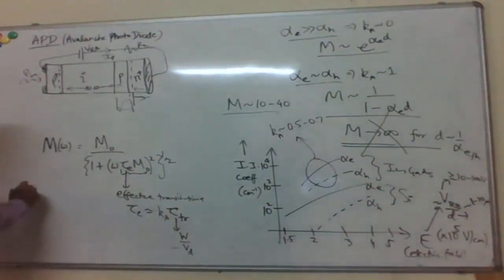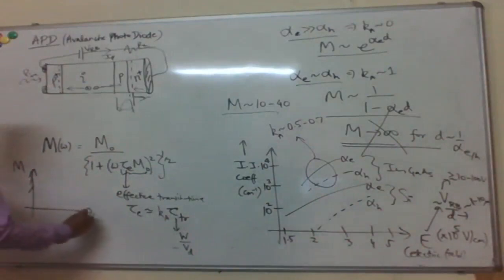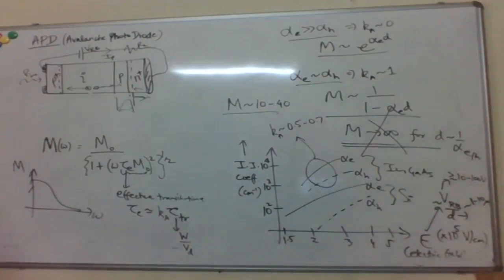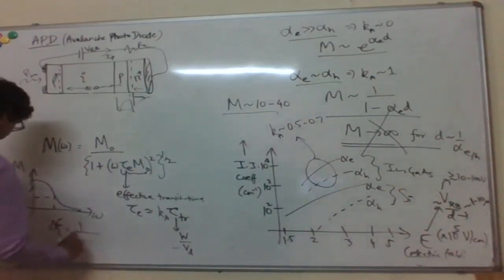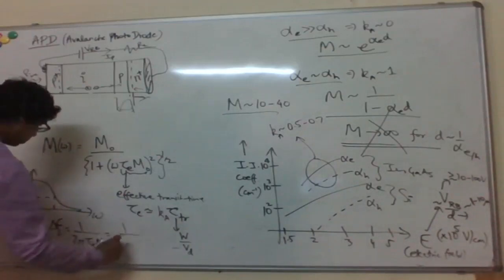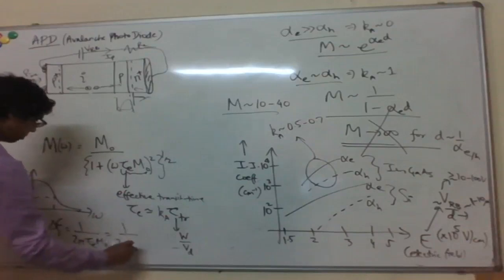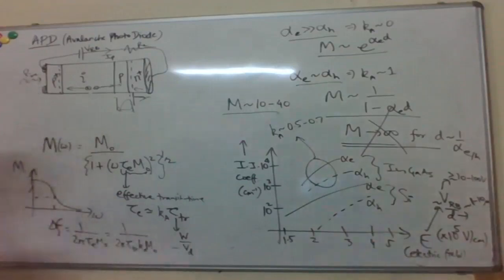So if you plot the gain as a function of frequency, it again has a low pass filter kind of response. And if you find the bandwidth, it's the transit time, but now multiplied by this factor of Ka times the DC gain.